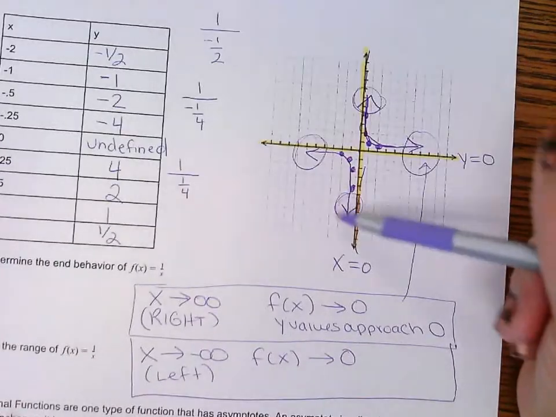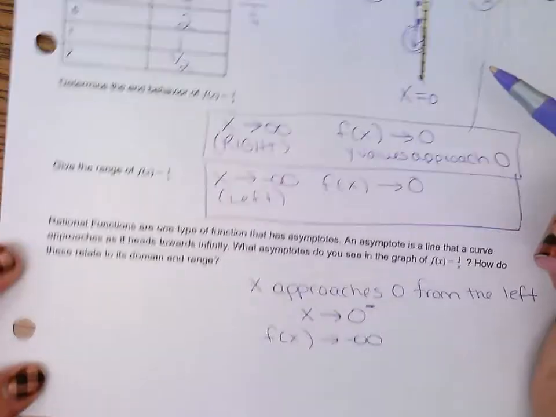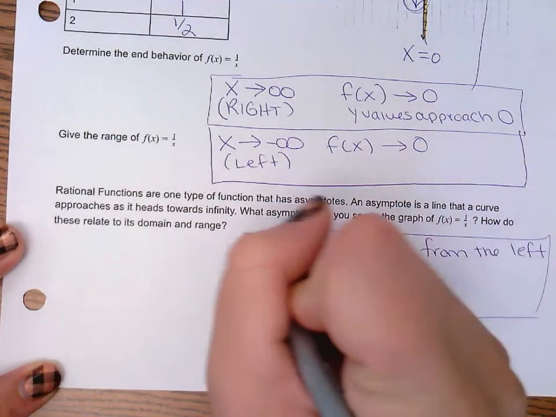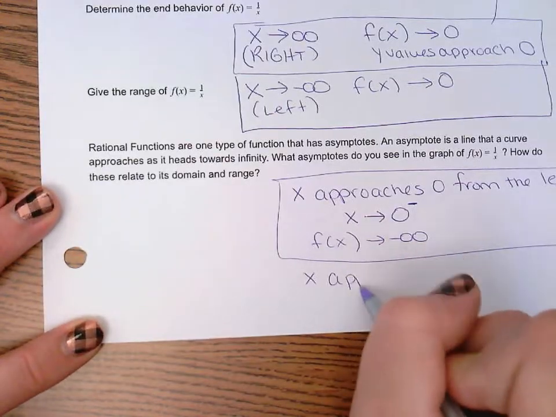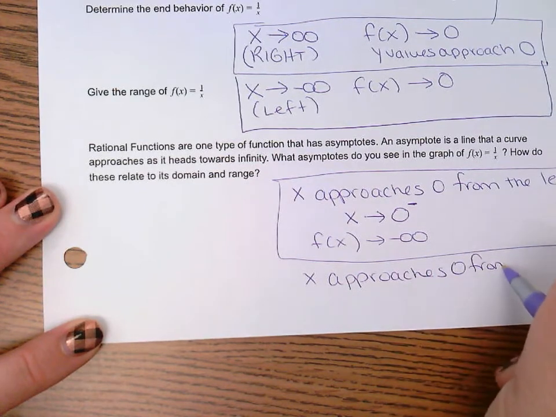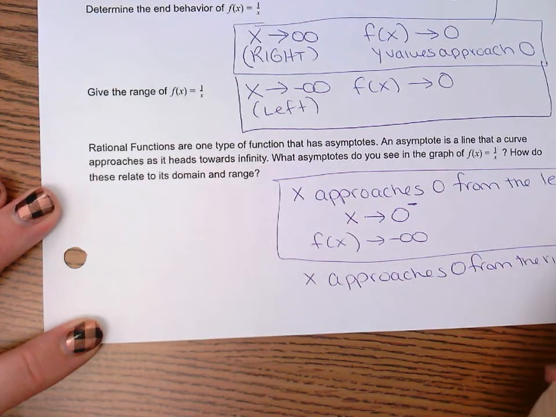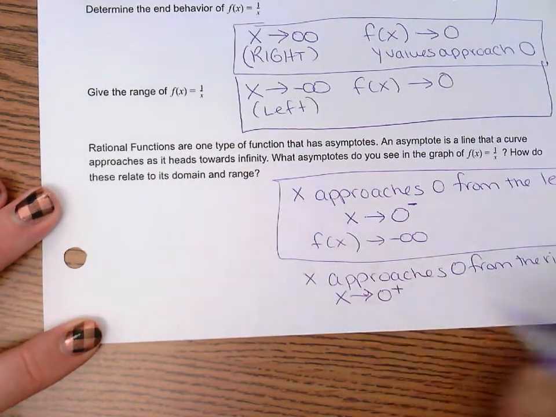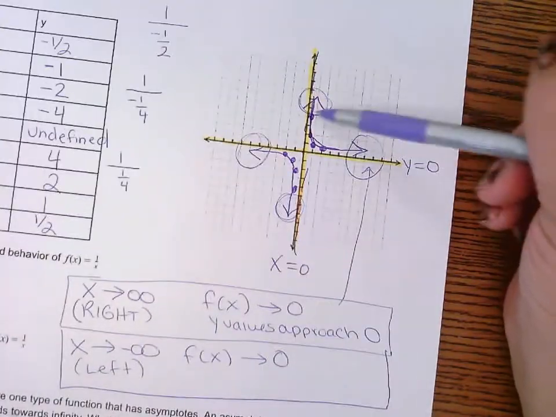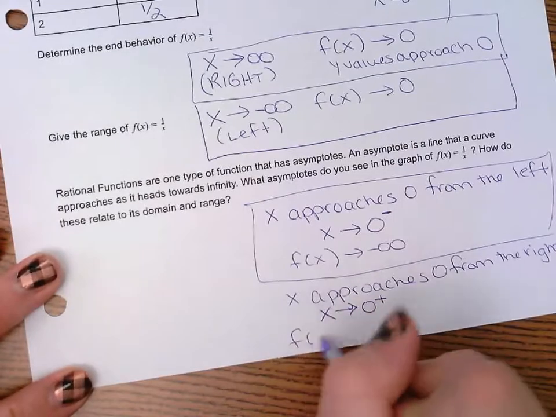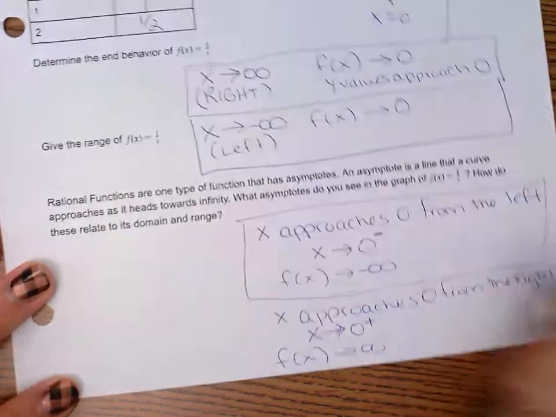It's going down, down, down. The other end that I should have talked about was, what about as x approaches 0 from the right? What's this side of the graph doing? This side of the graph is pointing straight up. So f of x is approaching positive infinity.